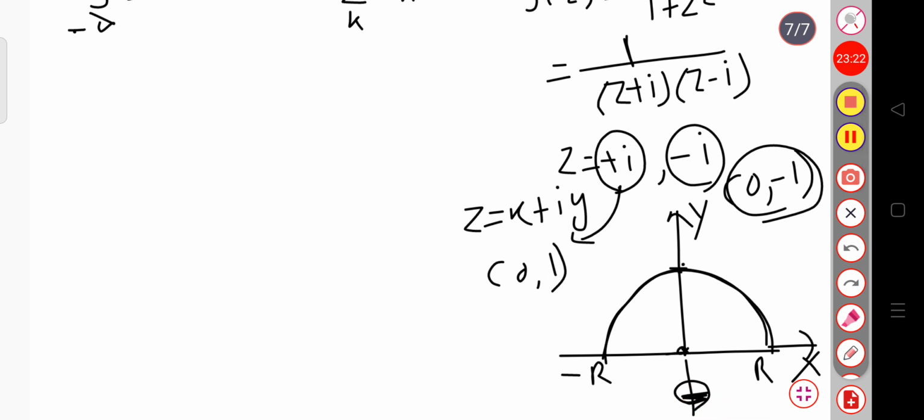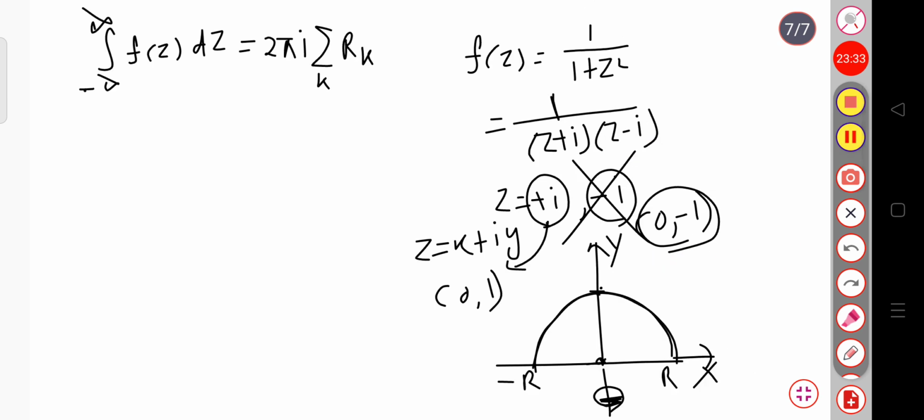Which I can say that this minus i point is not included in this semicircle. So I can discard this, or I can simply say that this minus i point doesn't lie within the contour.